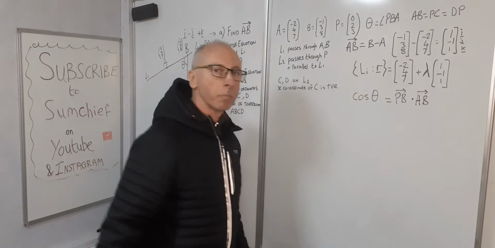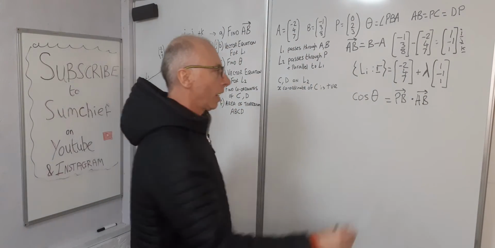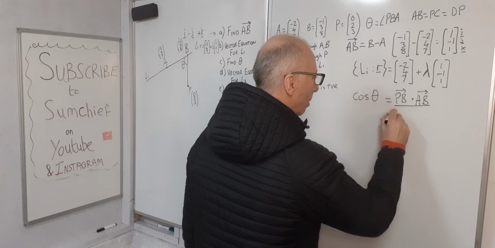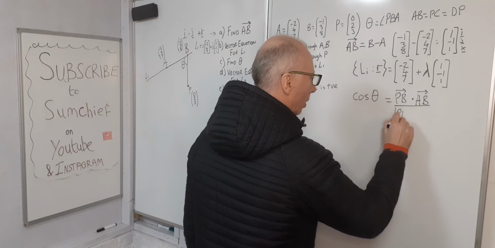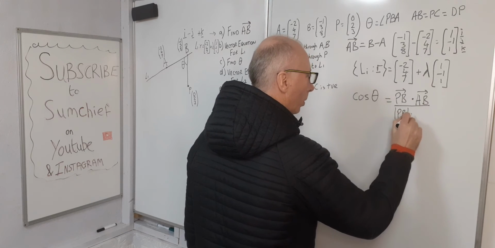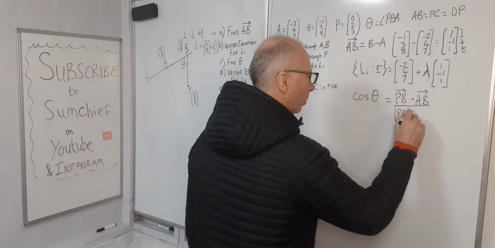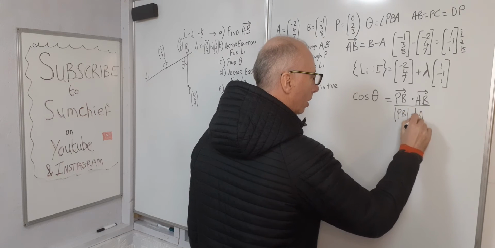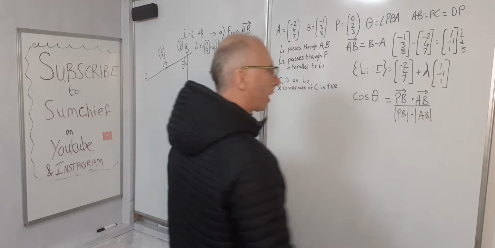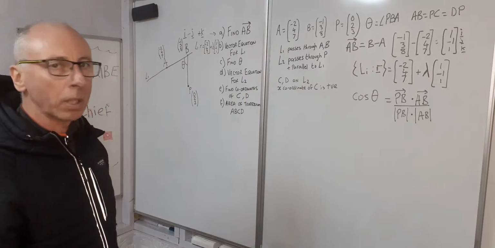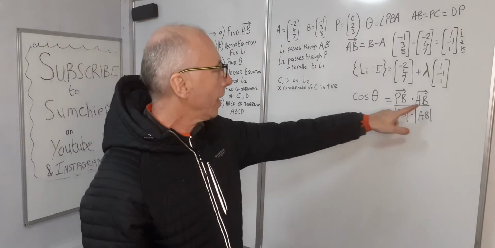It's always good to use the information we've already got. And then we divide by the absolute values of the vectors we got in the numerator, and then we multiply them up. Right, that looks a little bit crazy at the moment, but we can soon work that out.